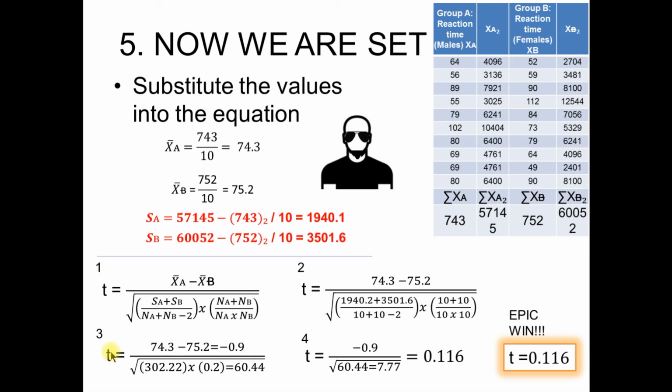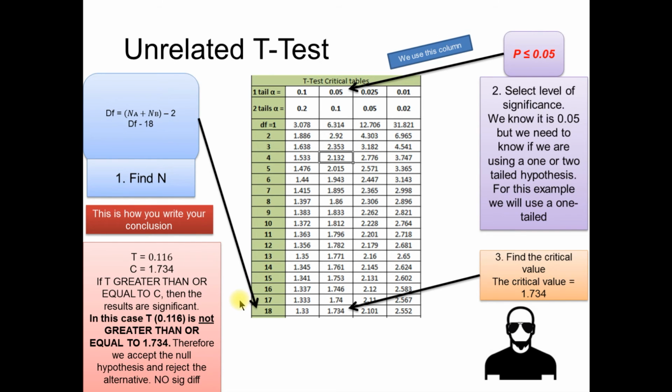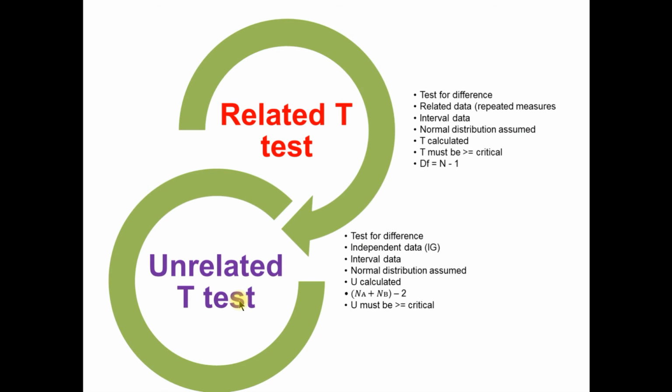No significant difference, though there may be minor differences. So that's it. Done. You've now done the two most complicated inferential statistic tests and hopefully calculated them correctly.